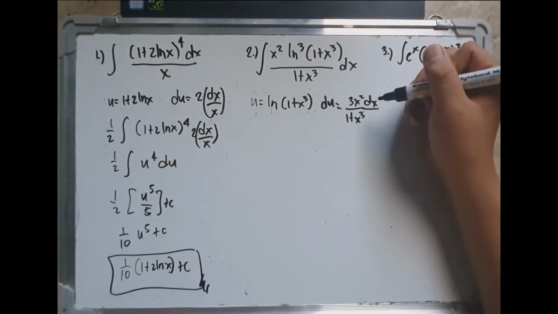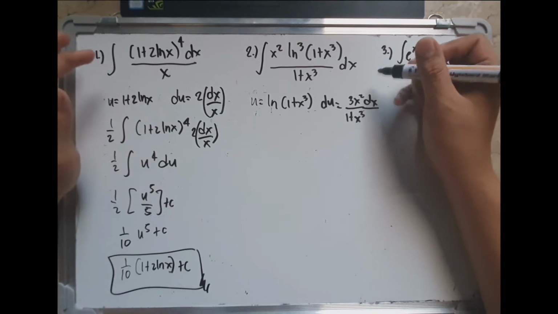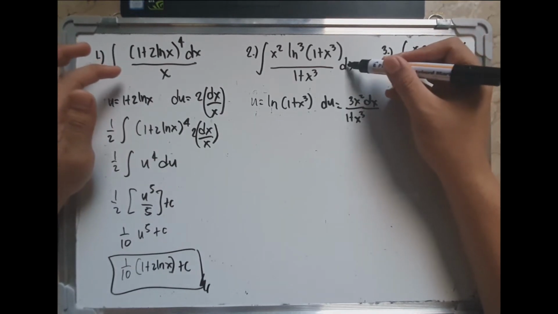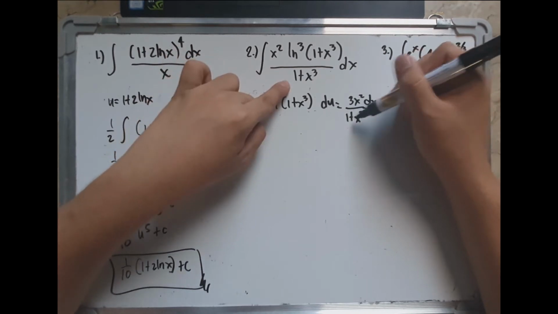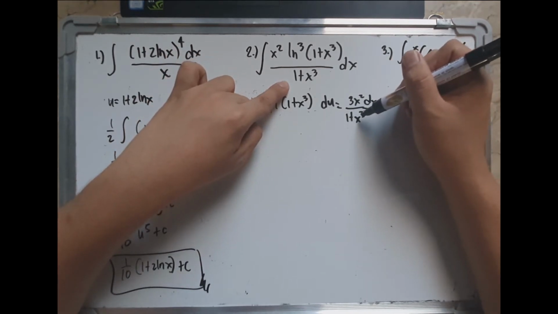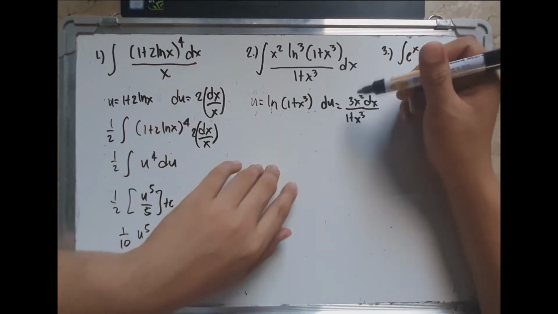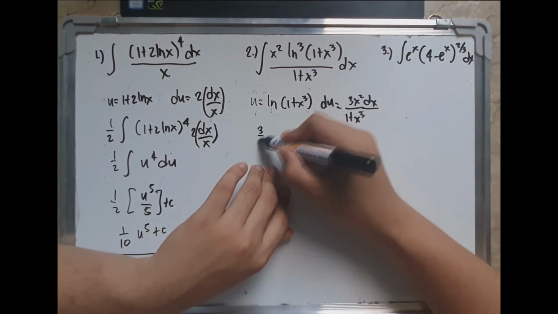Now let's try to check at the given problem. We have dx for the numerator. We have x squared in the numerator. And we have 1 plus x cubed for the denominator. We only need 3. So we'll be multiplying this one with 3 over 3.